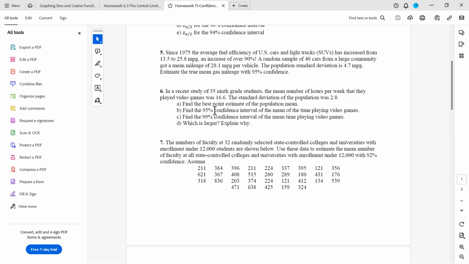Now, if I want to find the 95% confidence interval of the mean, then let me go and show you. Let me bring up the slide so we can look at it. Now, 95, she gave you, because we used 95 a bunch of times.